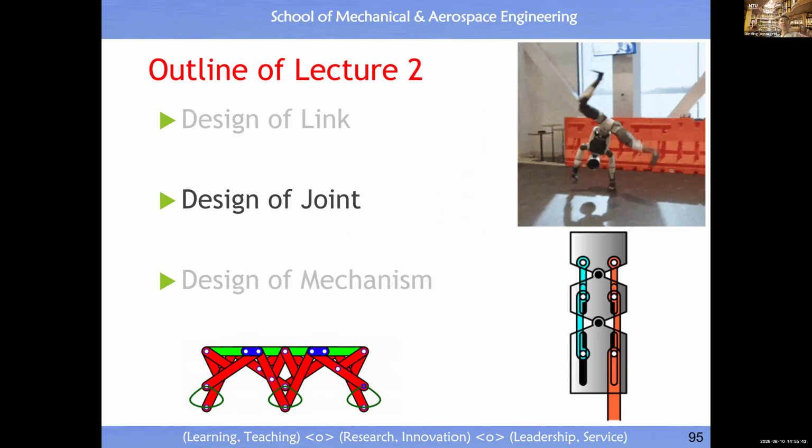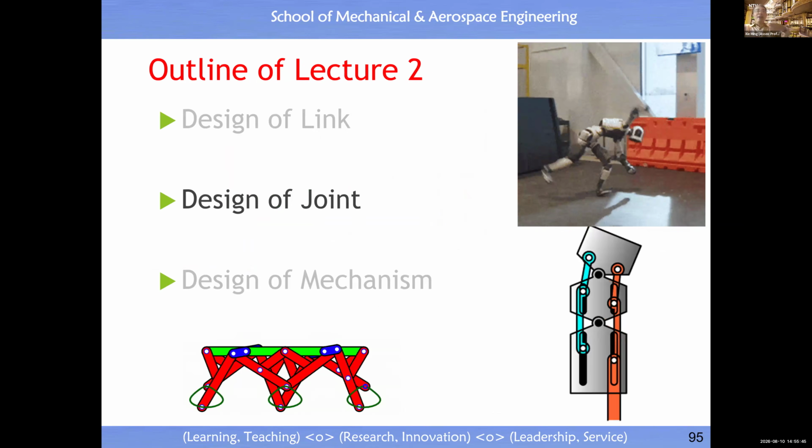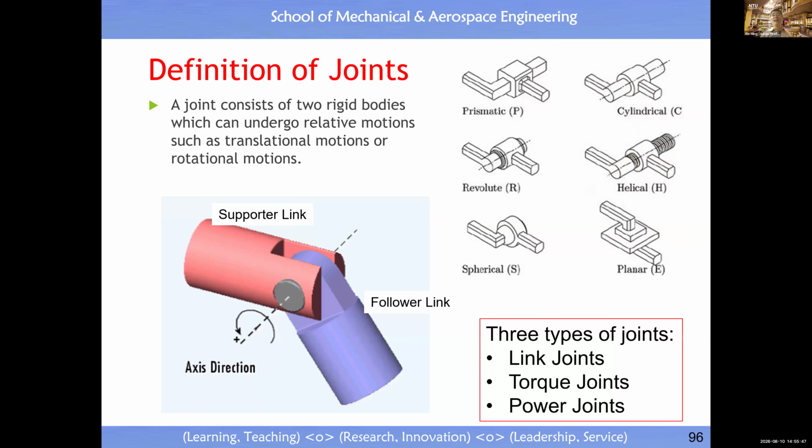Once you know the link, the next step is how to join two adjacent links together. So you have a supporting link and the following link. In the textbook, the description is very simple, just a robotic drawing, but this may not help you to understand control.